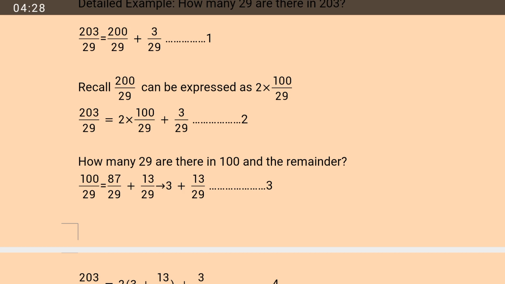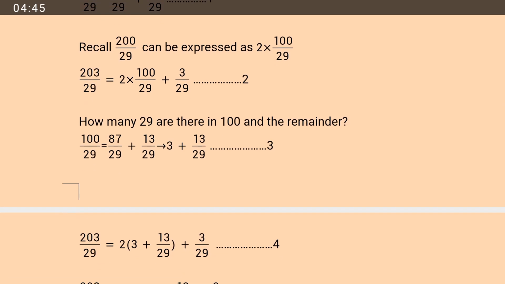We did this because we want to reduce the quantity so that 29 can easily divide the term there. So 203 over 29 is the same thing as 2 times 100 over 29 plus 3 over 29, as in equation 2. Then we have to deal with the 100 over 29, and we ask ourselves, how many 29 are there in 100?